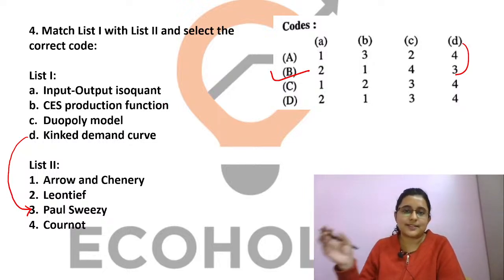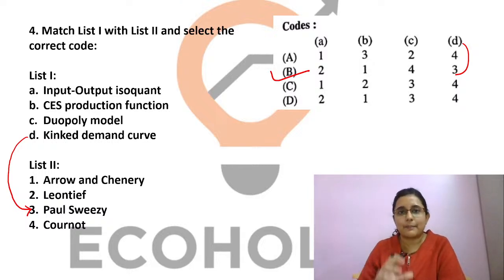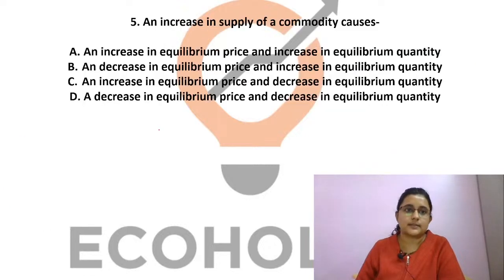SMAC is an abbreviation that I often suggest to my students for remembering the names of the economists associated with CES production function. So Arrow and Chenery with CES production function. Duopoly model, definitely Cournot. Cournot's duopoly model we study. And King demand curve, we all know the very famous one, Paul Sweezy. So this is your right answer.